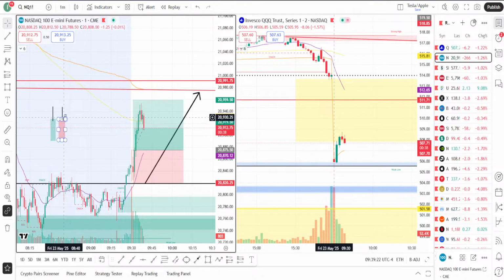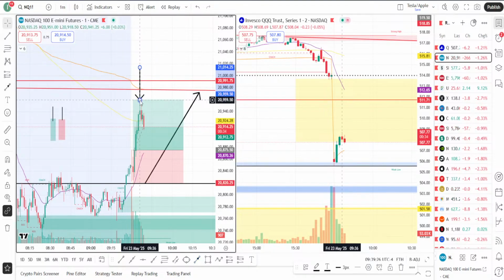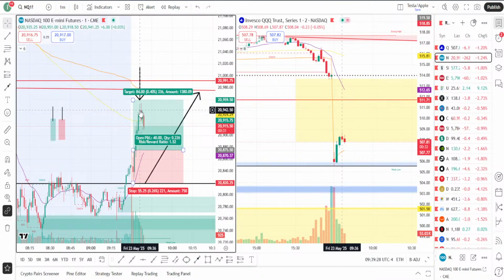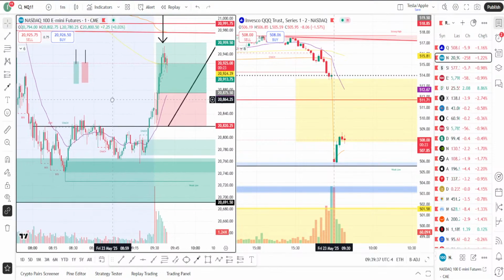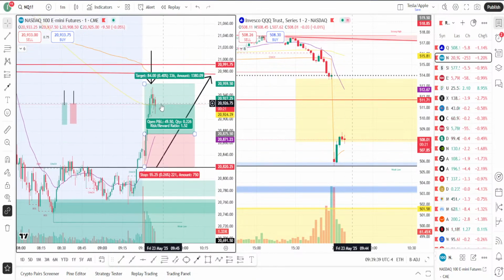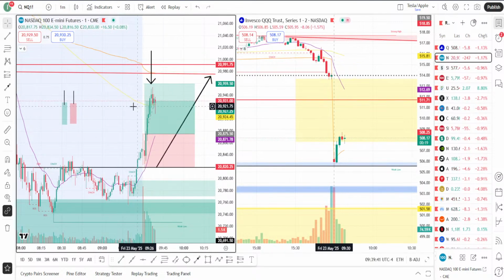That's that double top right here. It's a very small double top right here. No bueno. Come on, buyers, hold this up. There we go.